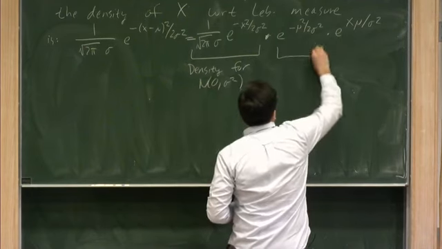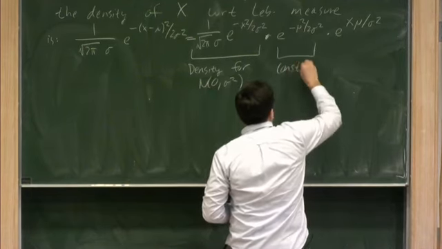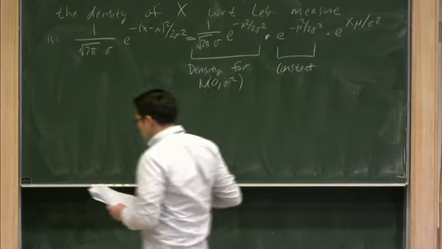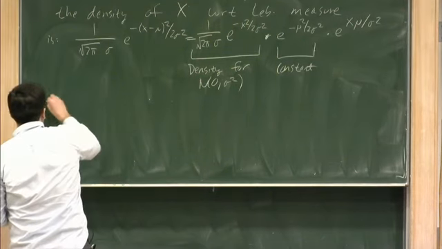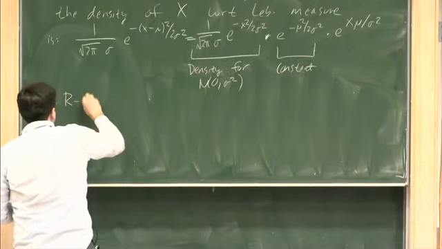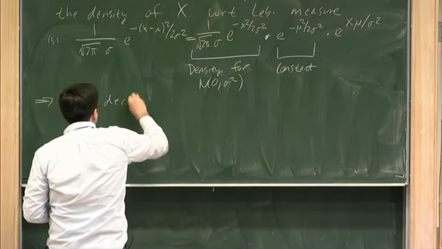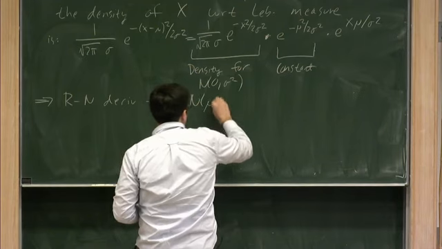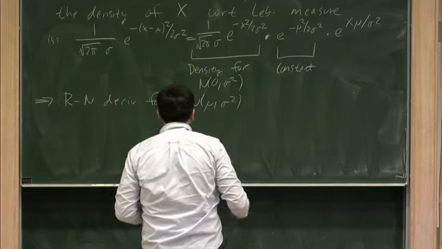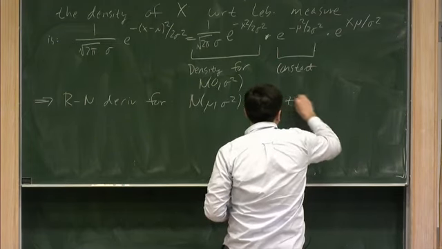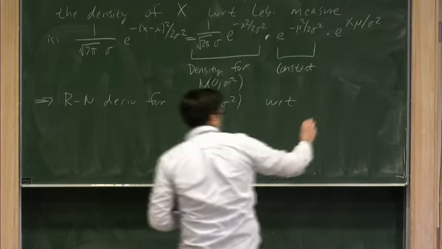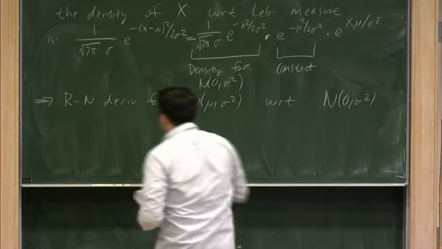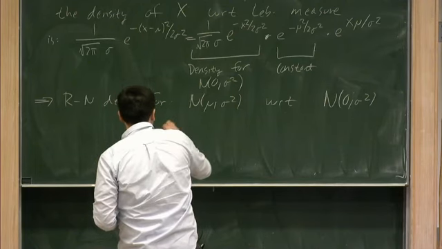This term here is just a constant. And then we're left with this last term. And so what this tells us is the Radon-Nikodym derivative for the law of a normal random variable with mean mu and variance sigma squared with respect to the law of a normal with mean 0 and variance sigma squared is just given by a constant.